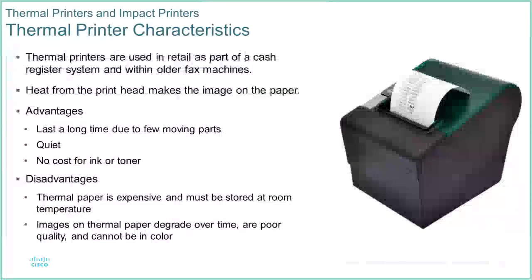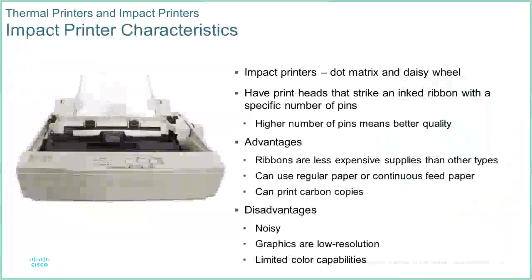So there's that. Something you don't see very often now is the impact printers, and most common of these was the dot matrix. The benefit of these was the ability to have continuous feed.